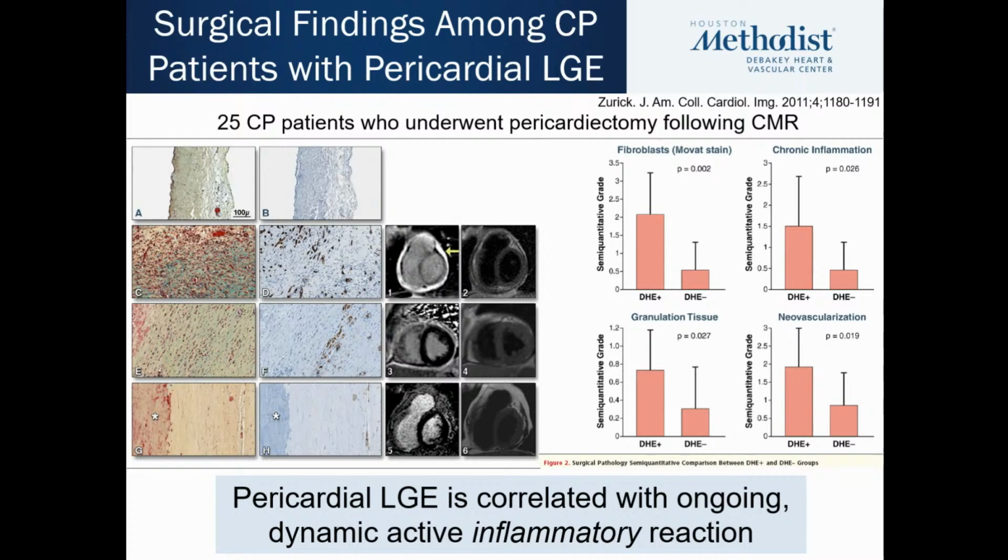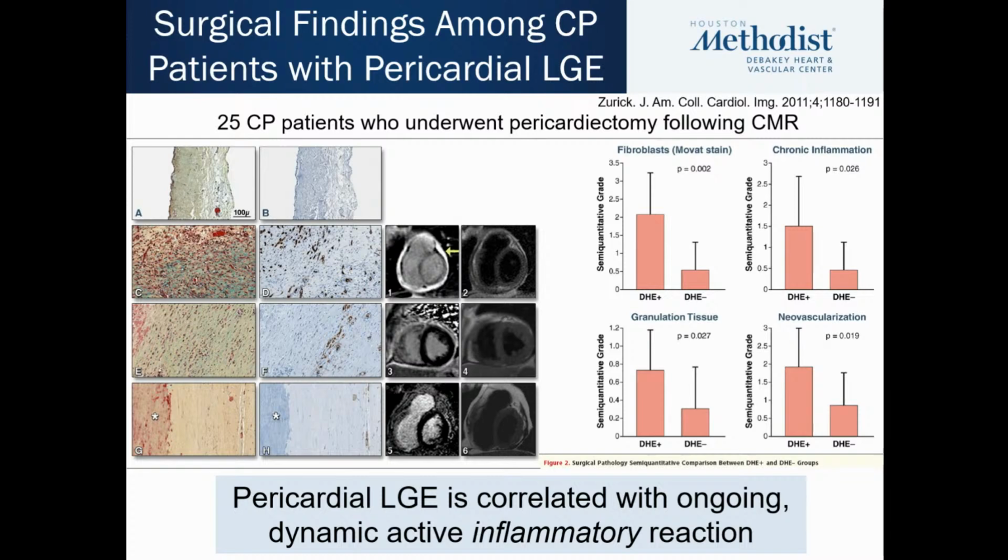So people have actually looked at this. They took 25 patients who had constrictive pericarditis, who went for pericardiectomy following cardiac MRI. And what they showed was that when you have pericardial LGE, this correlates histologically with a very dynamic, active inflammatory reaction with fibroblasts present, chronic inflammation, granulation tissue, and neovascularization.